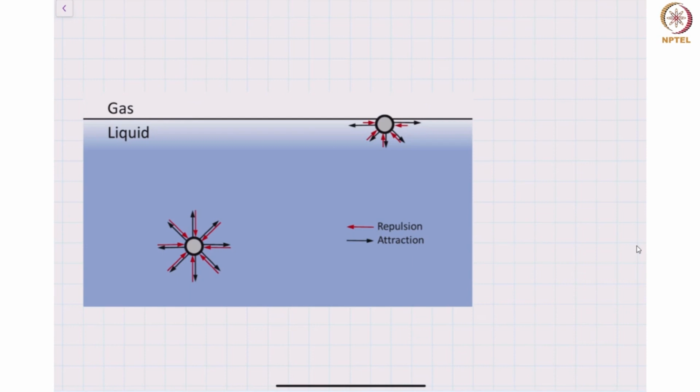Now, as we take this molecule towards the interface, the number of molecules in the neighborhood changes. More particularly, the attraction forces become smaller. The size of the arrow is a measure of the magnitude of the force. The number of molecules below this particular molecule is high, but above it we have very few liquid molecules, and therefore it matters to the attractive force.